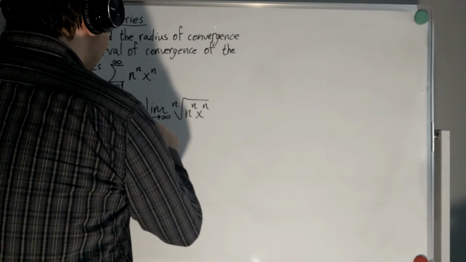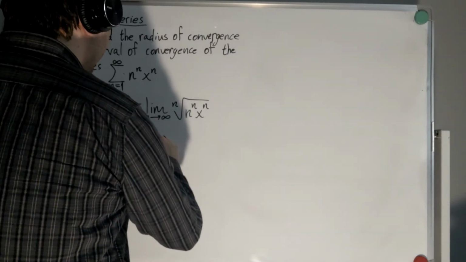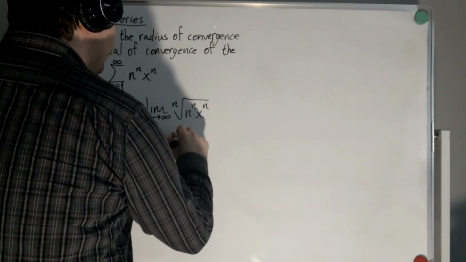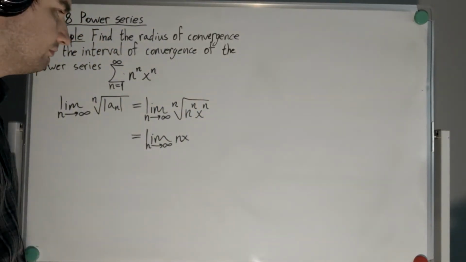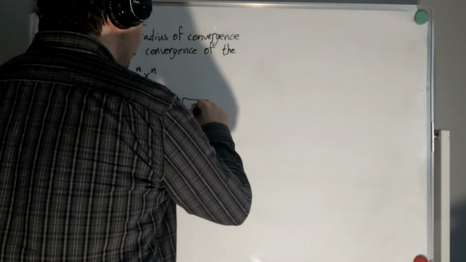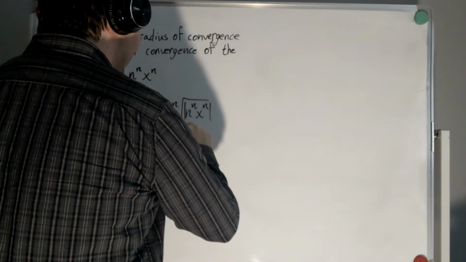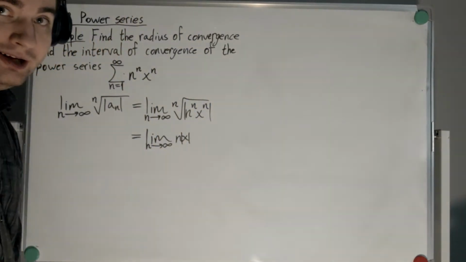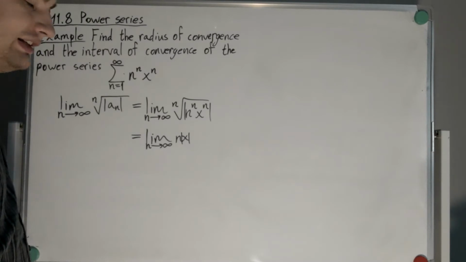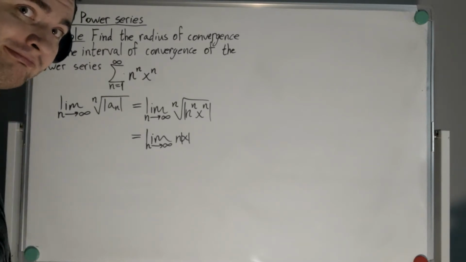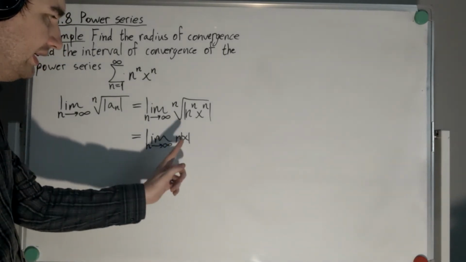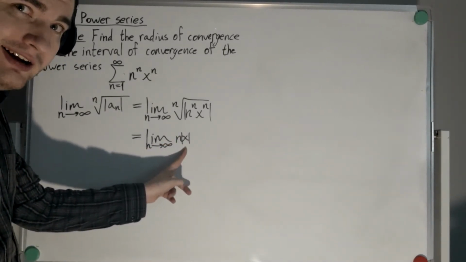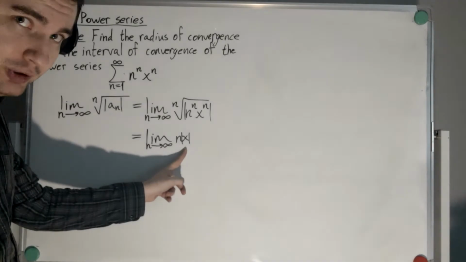Okay, that happens to be the limit as n approaches infinity of n times the absolute value of x, really. Not that it makes much difference, though, because as n approaches infinity, this will always approach infinity unless x is just 0.